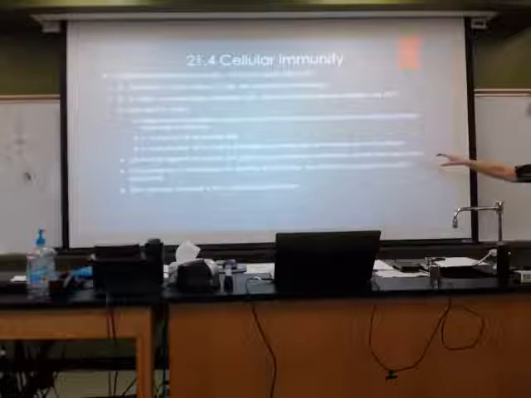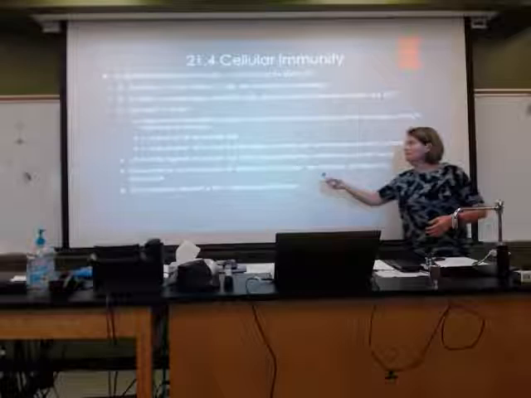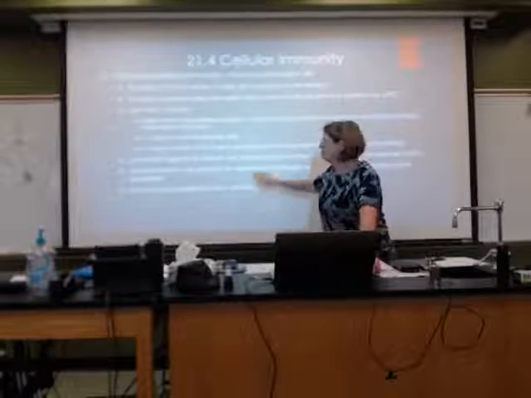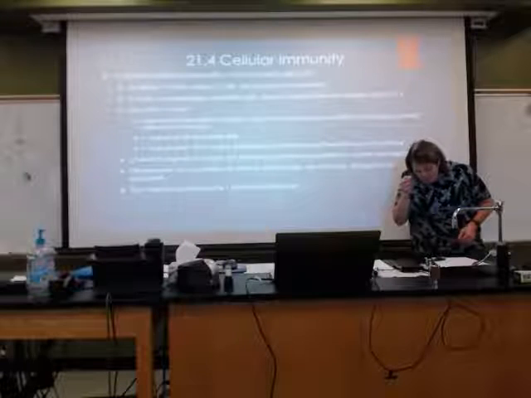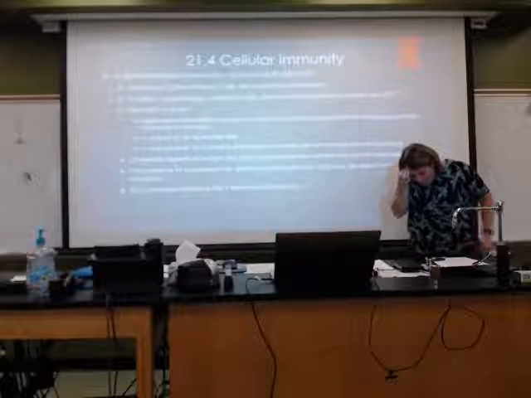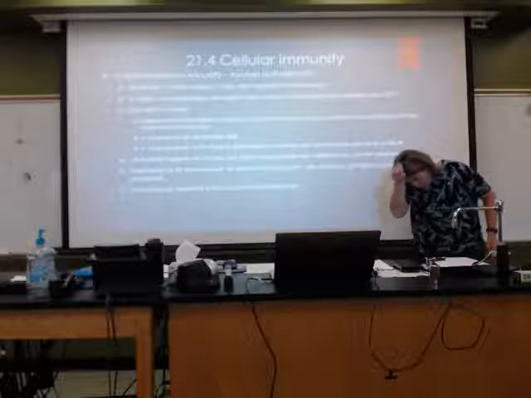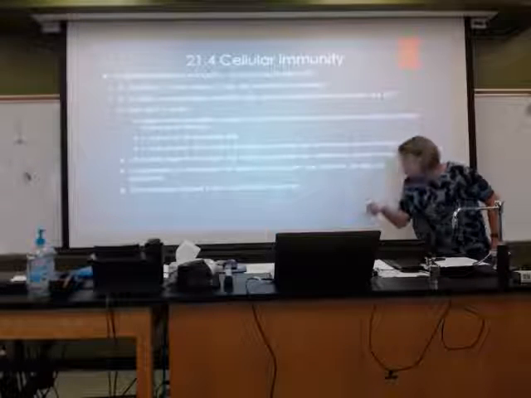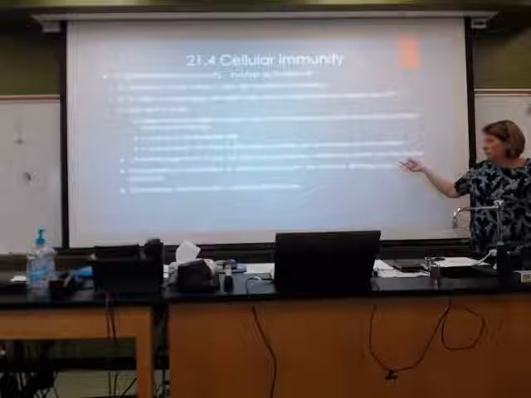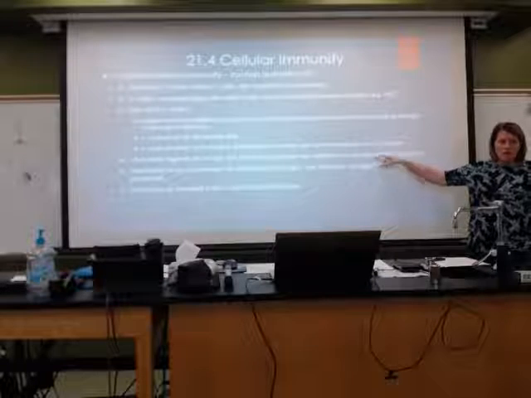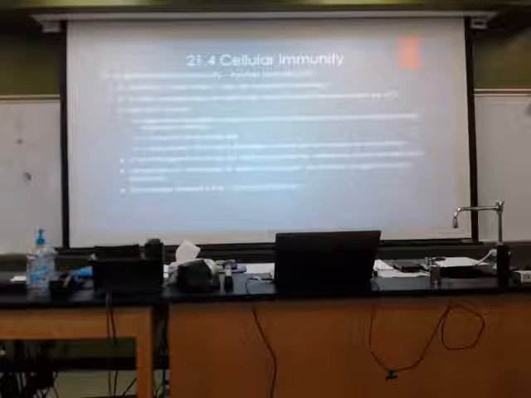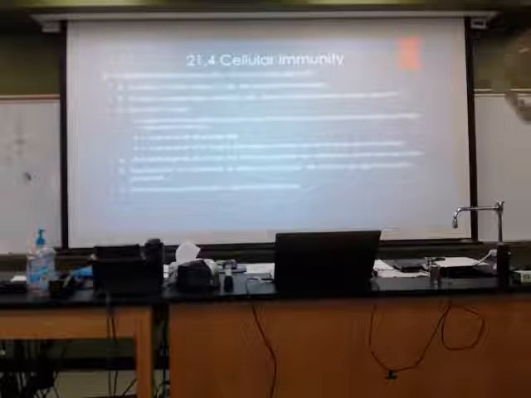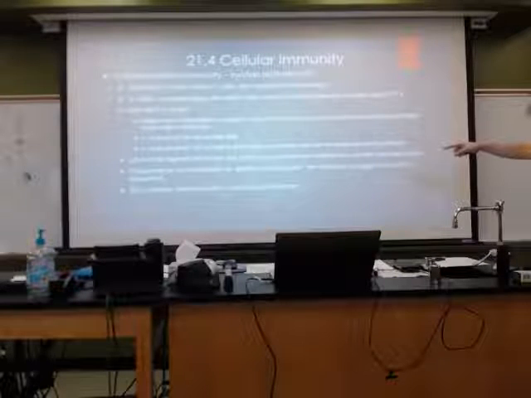Now, when that antigen presenting cell takes that pathogen and they move it and they present it to the T cell, they're showing a piece of the molecule to the T cell, and that is an MHC2.